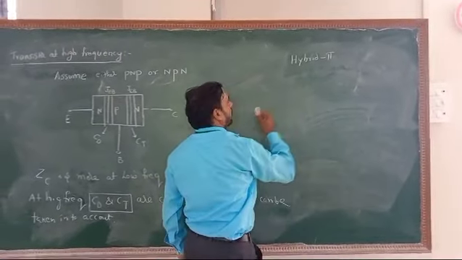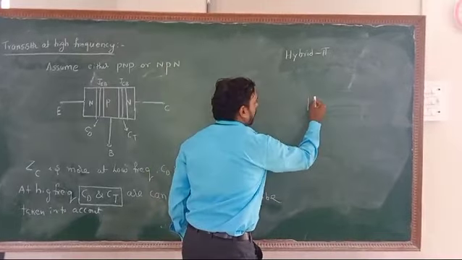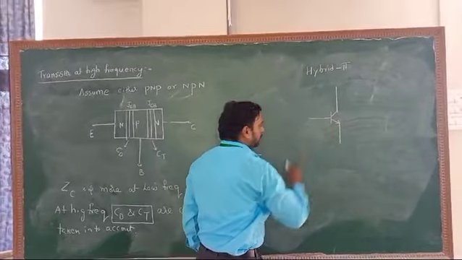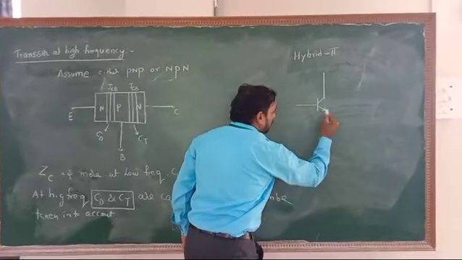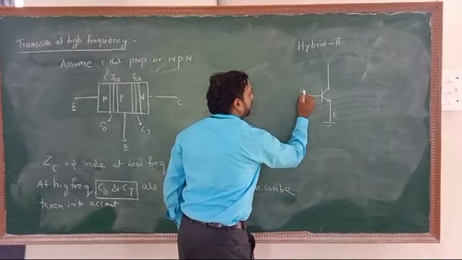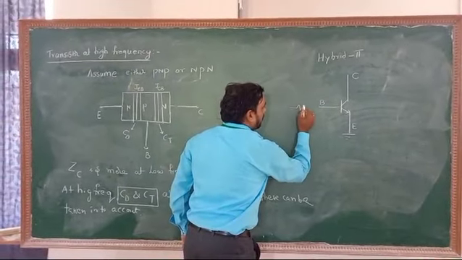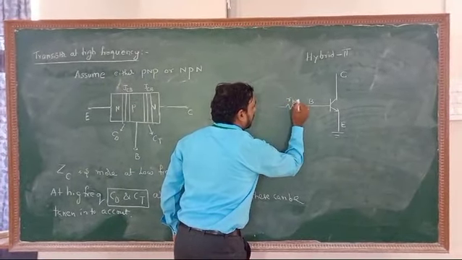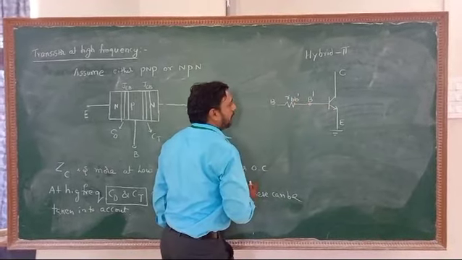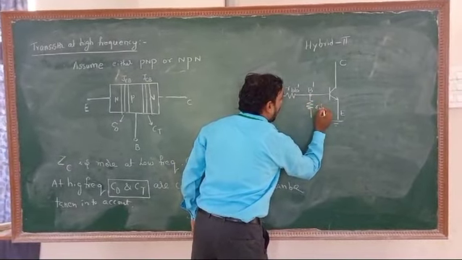Now let us see the hybrid pi model. The hybrid pi model can also be represented by using a symbol. In this symbol, this is the emitter terminal, this is the base terminal, this is the collector terminal. I am taking one resistance between B and B dash, called rbb dash.